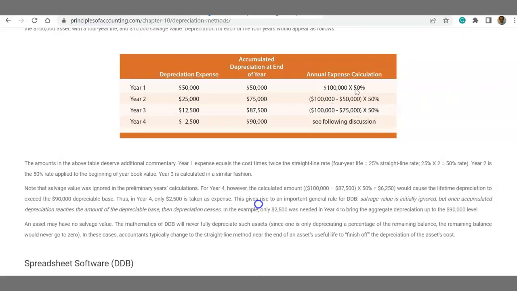As I said, you never use it for your calculation, but you need to remember it for the last year. In the last year, you already depreciated 87,500, as you see in this calculation. Times 50%, you think, oh, the correct answer is 6,250, and the answer is right there, I can see it in multiple choice.